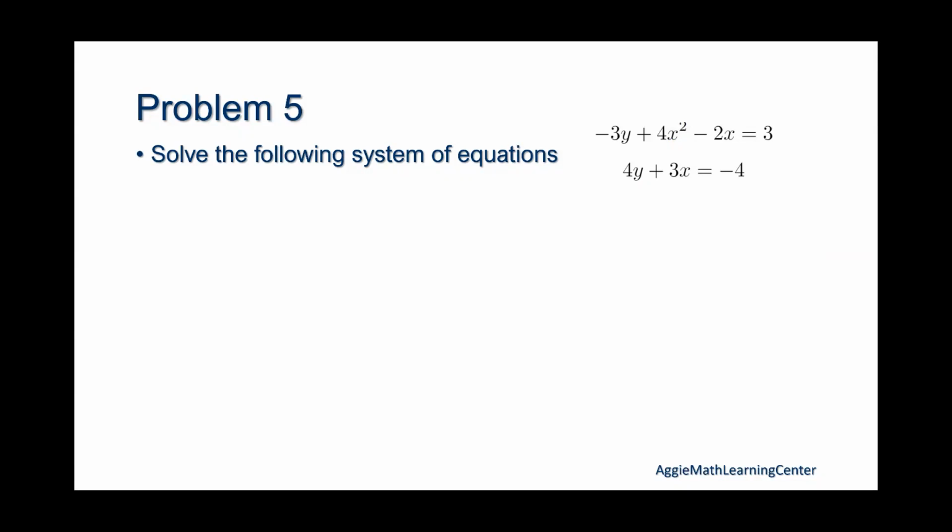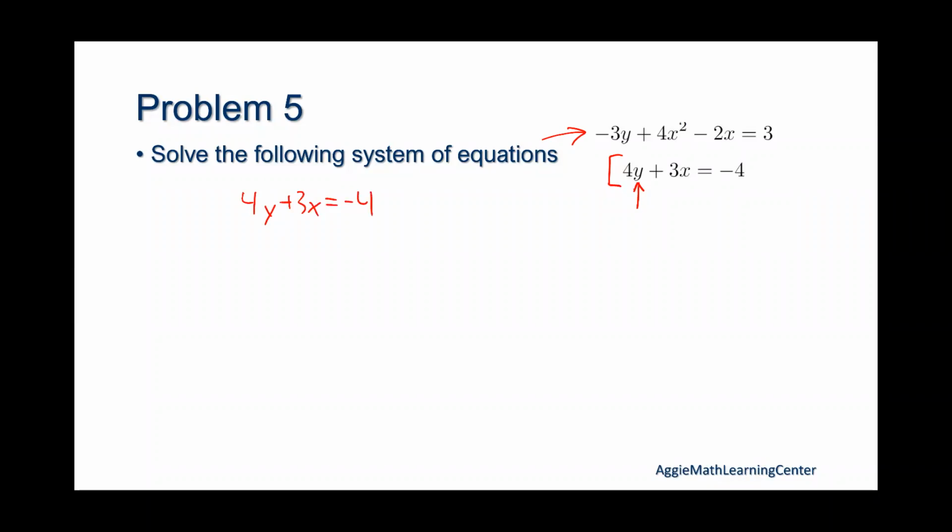So what we're going to do here is start with this second equation just because it happens to be easy to work with. We're going to solve for y, then substitute that y into this equation and solve from there. First of all, we have 4y plus 3x equals -4.